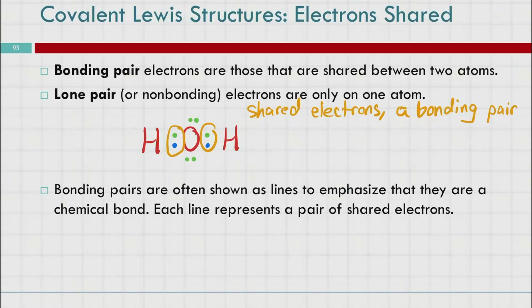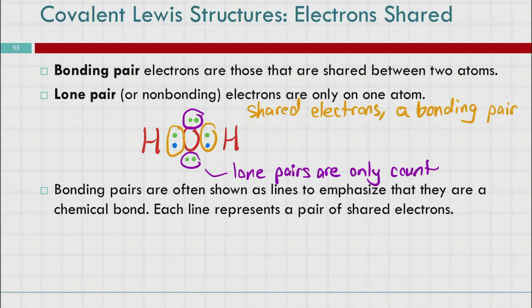So that's a pair of electrons that's connecting those 2 atoms together, linking them together. We also have lone pairs. So lone pairs are only counted for oxygen's octet. Those are not being shared. They only belong to oxygen. You can also call those a non-bonding pair.